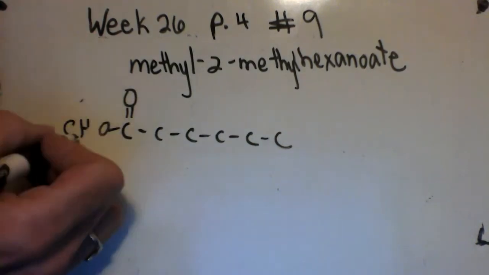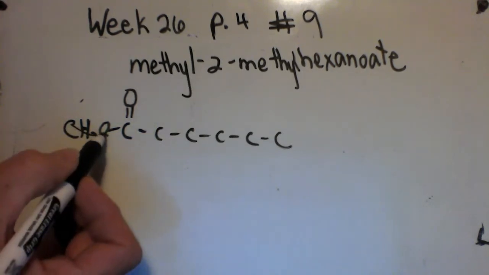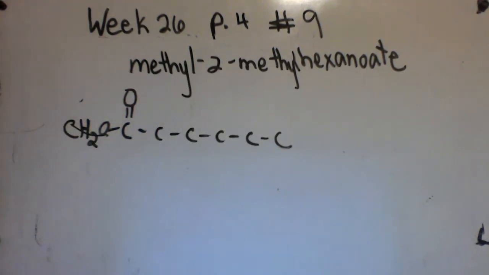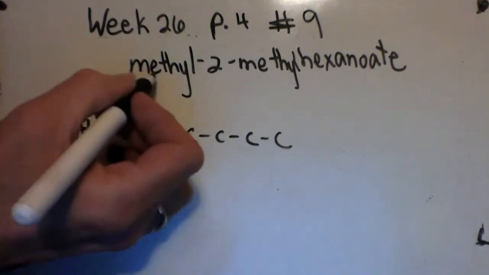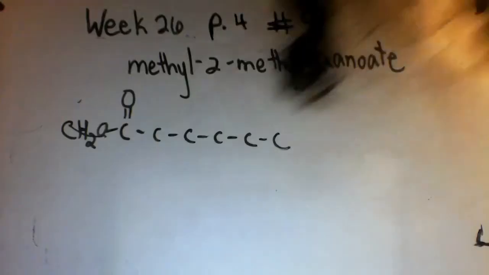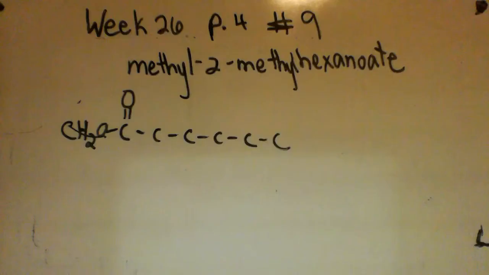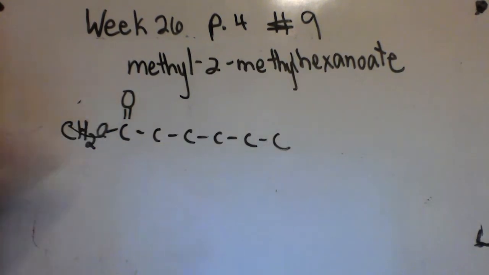Therefore, we know that this must be 2 hydrogens because it's connecting with that oxygen. Now we have to figure out where to put the methyl chain. So the methyl branch, we're going to count from the functional group right here, 1, 2, and we're going to put the methyl branch right here.